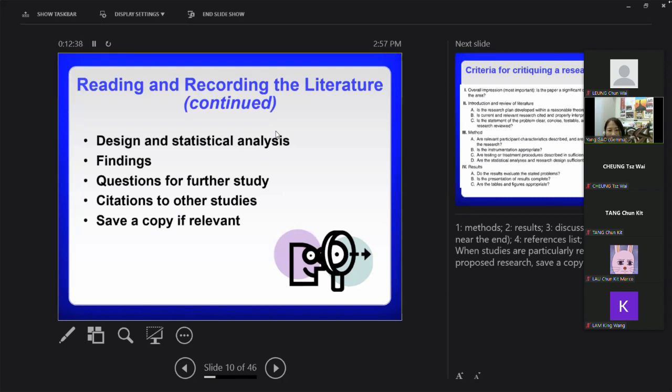Number one, you may not be requested to understand exactly what type of statistical analysis methods the author used.